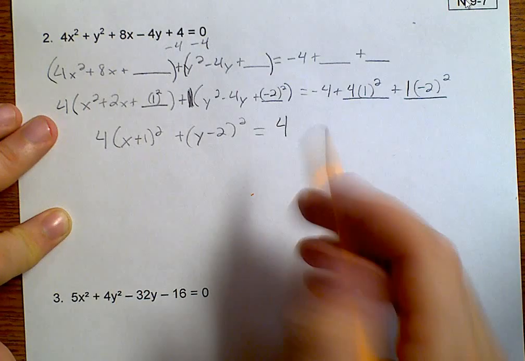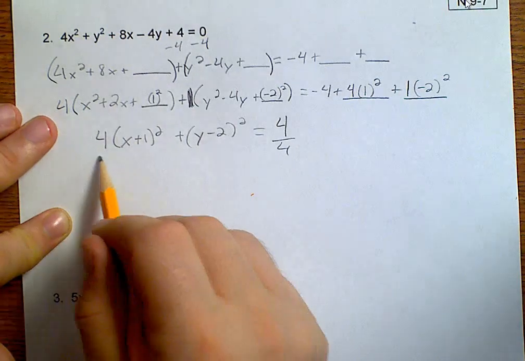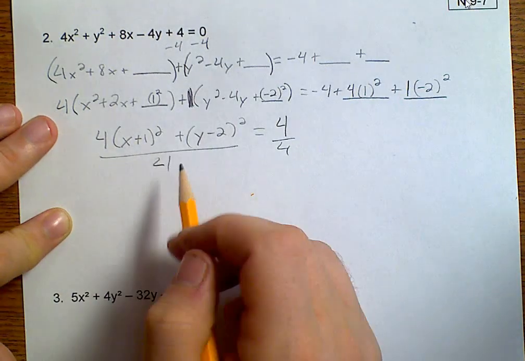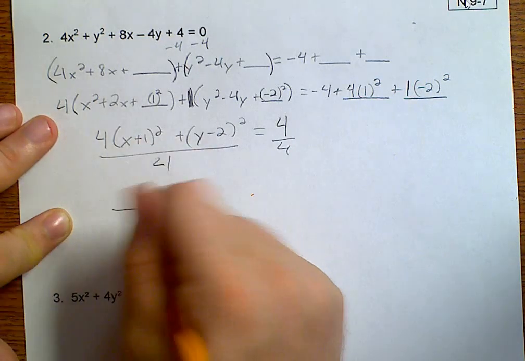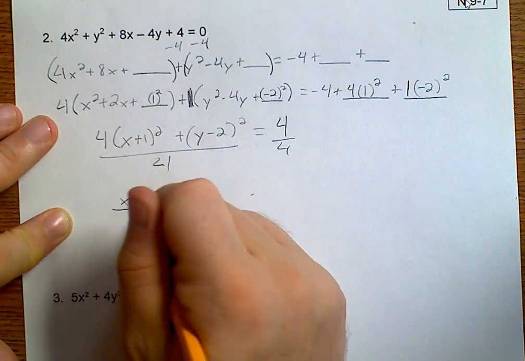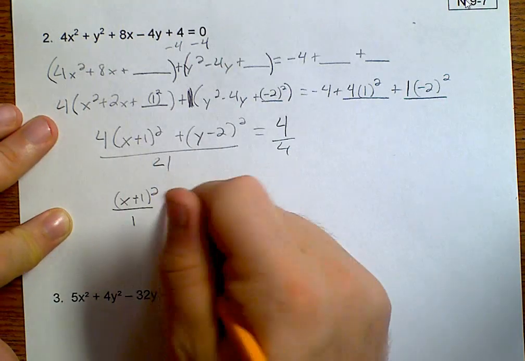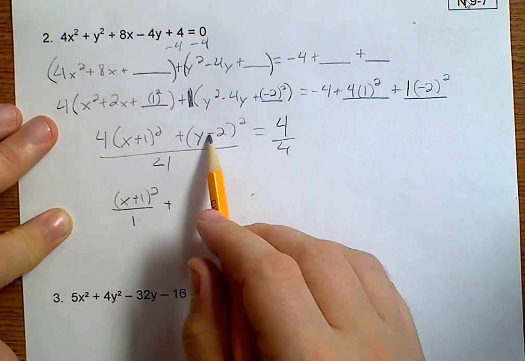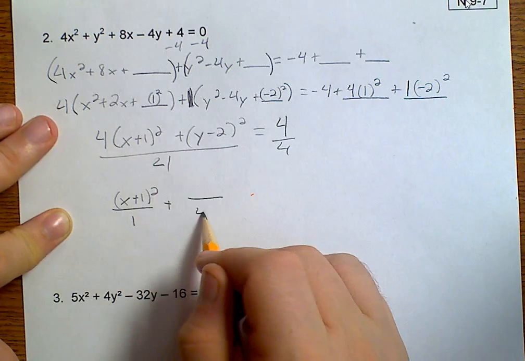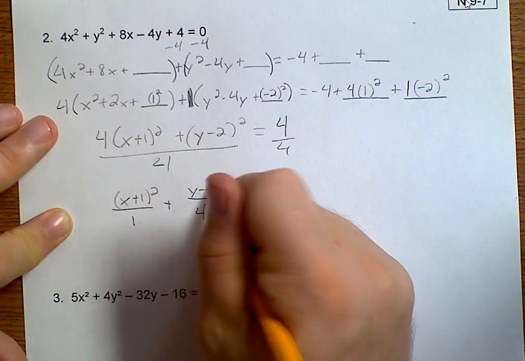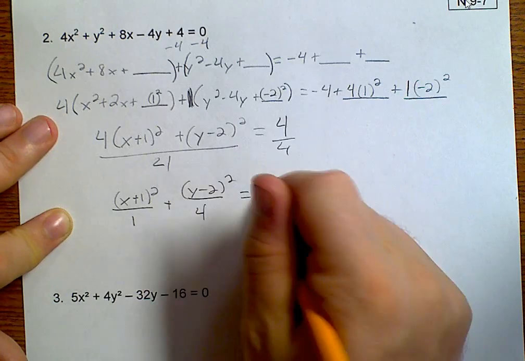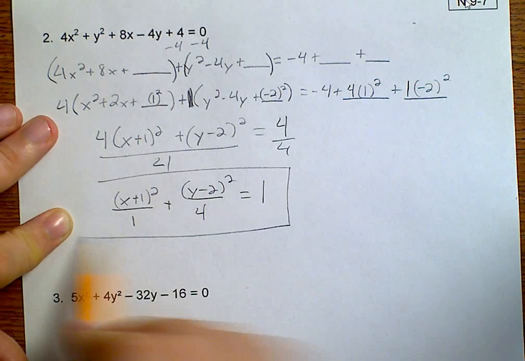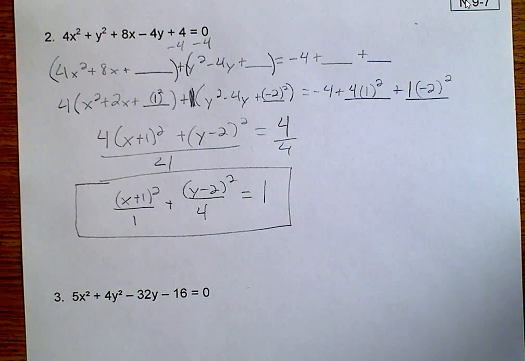And now we divide everything by 4. Well, 4 divided by 4 is 1. So we get x plus 1 squared over 1 plus, there's nothing to divide by, so the 4 just goes on the bottom. This is y minus 2 squared equals 4 divided by 4 is 1. And so there we have the ellipse form for that equation.